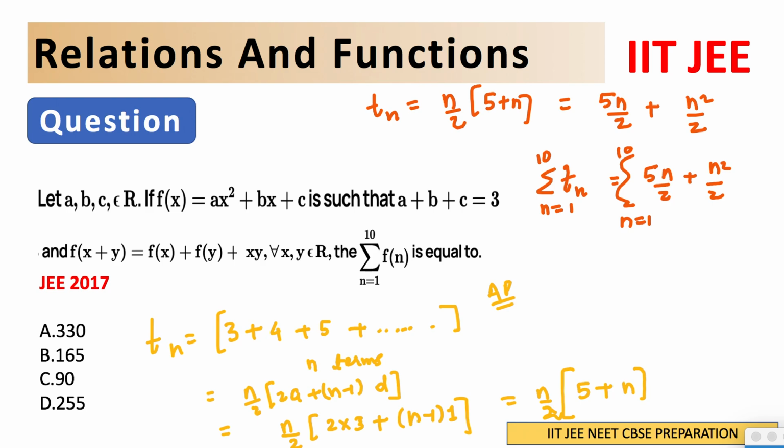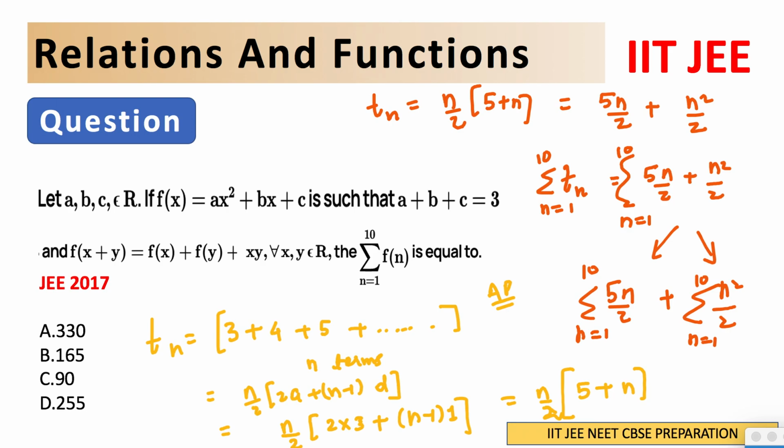If you break this into two parts, you will get 5n by 2 summation n is equal to 1 to 10, plus n square by 2 summation n is equal to 1 to 10. Now this is very easy, right? Because summation of n we know, summation of n square also we know.